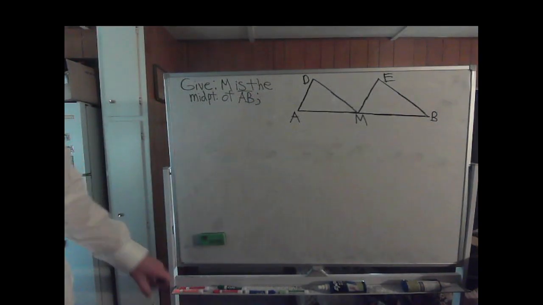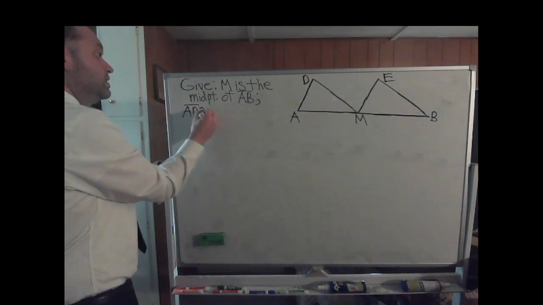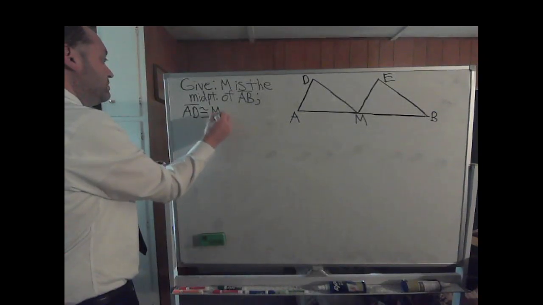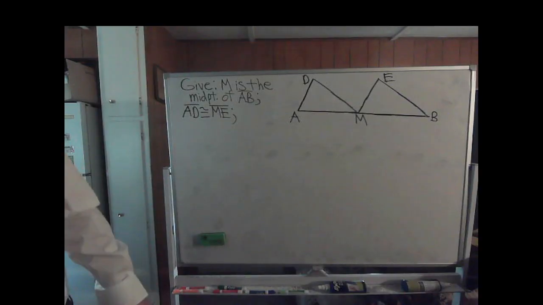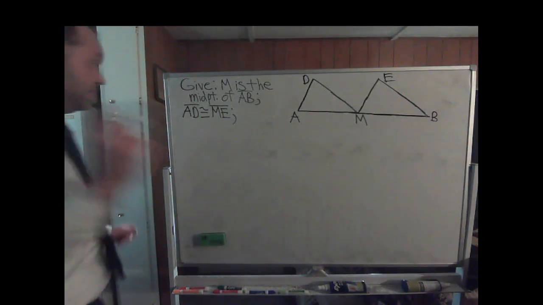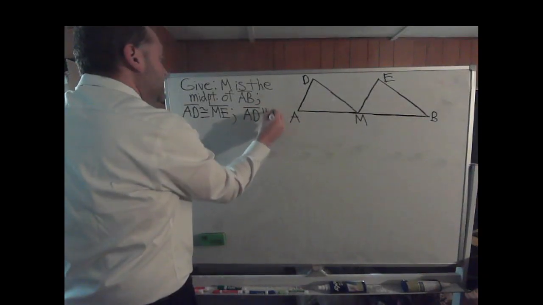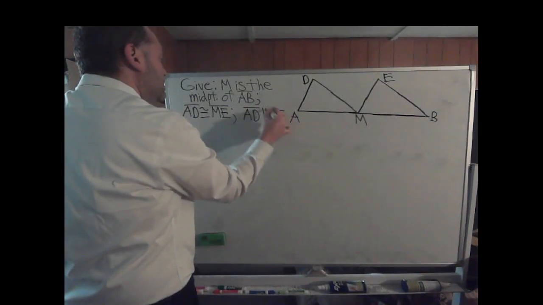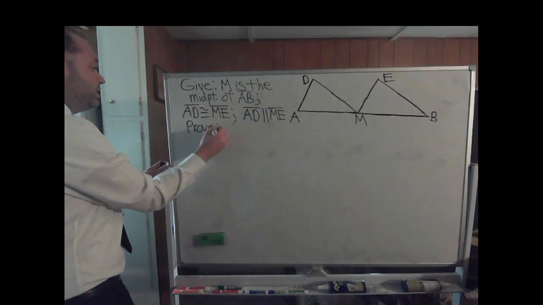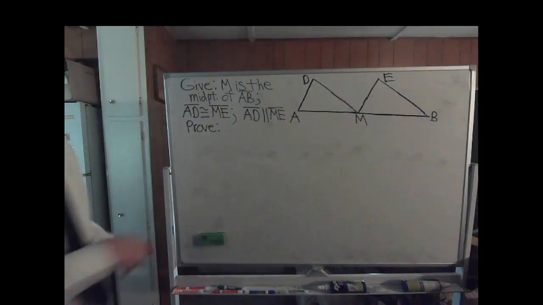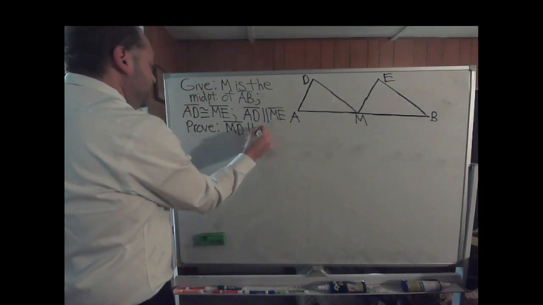They also give us that AD is congruent to ME. What else do they give us? They even give us that AD is parallel to ME. So what is our goal to prove in this particular one here? We have to prove that MD is parallel to BE.